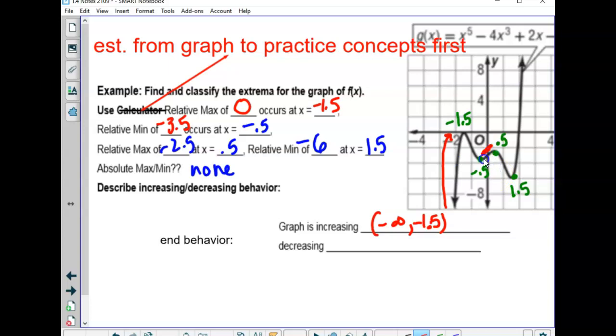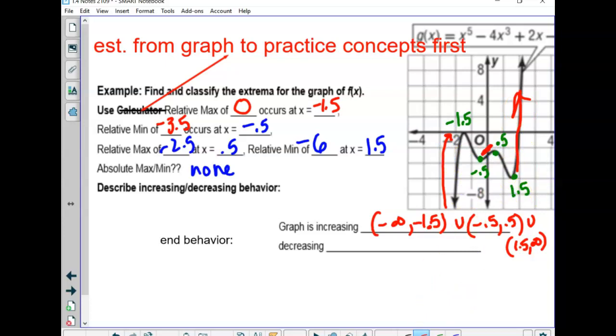Does everybody see that piece went up again? So between -0.5 to +0.5 it increased. Anywhere else it goes up? Are we done? Yeah, the far right over here, from 1.5 to infinity, it was increasing. 3 places where it was going up.